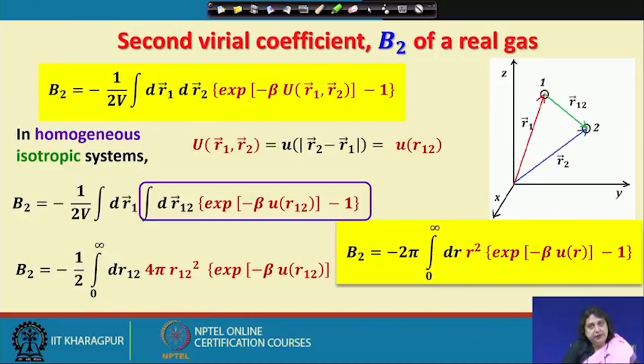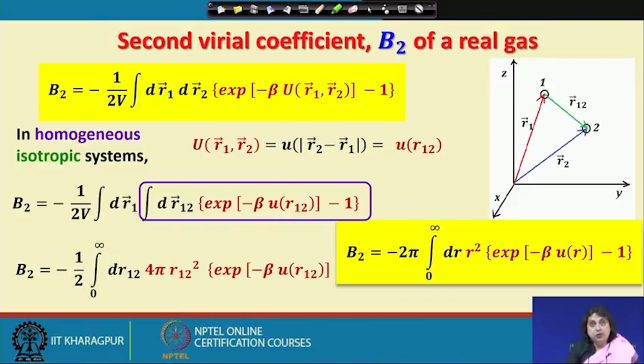Now, what does it depend on? It depends on u of r and beta. So, what is beta? Beta is 1 by kT. So, it depends on the temperature at which the interacting particles are present. What is u? u is the interaction energy between two particles which are separated by a distance r.